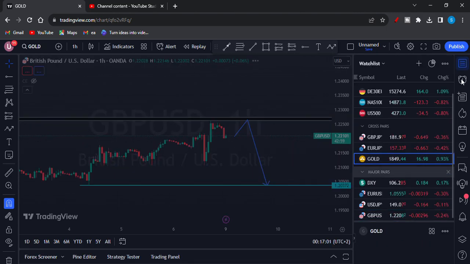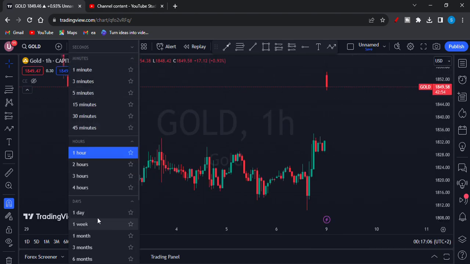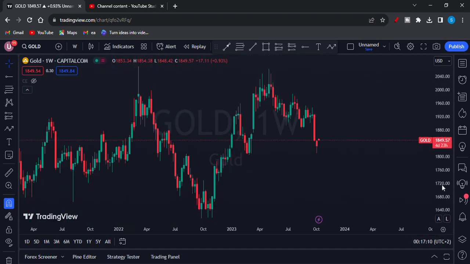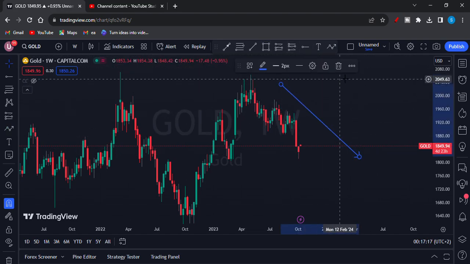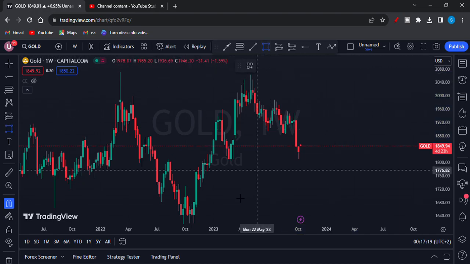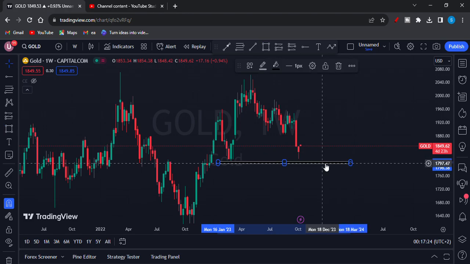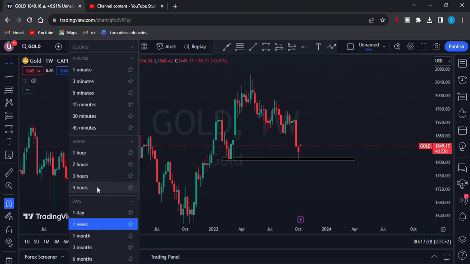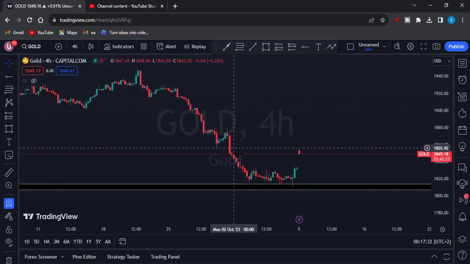analyze gold. For gold on a weekly, okay, there's something interesting right here. On a weekly, we are on a downtrend, and then we're having this zone right here, and then let's go to the 4-hour.